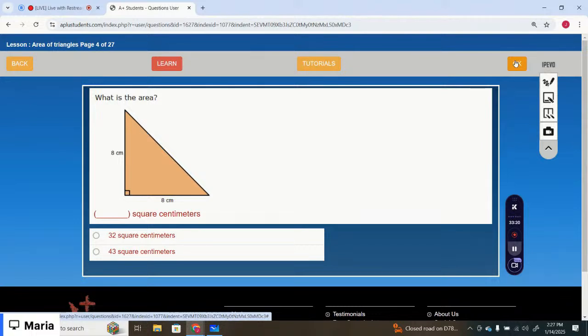So which is the correct option? 32 square centimeters. Option number one is the correct option.